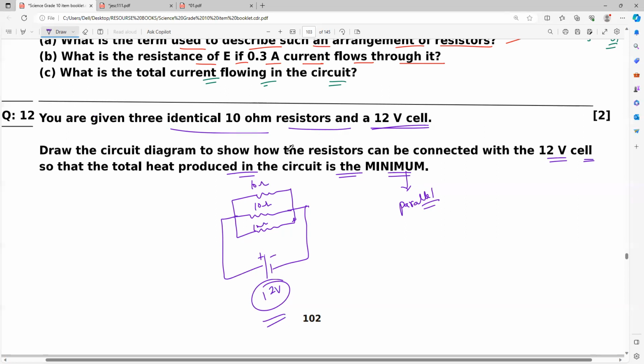Okay, everybody, understand? Yes, but they're asking for 1 minute. Draw the circuit diagram to show how the resistors can be connected with the 12 volt cell so that the total heat produced in the circuit is minimum. Is it parallel or series?